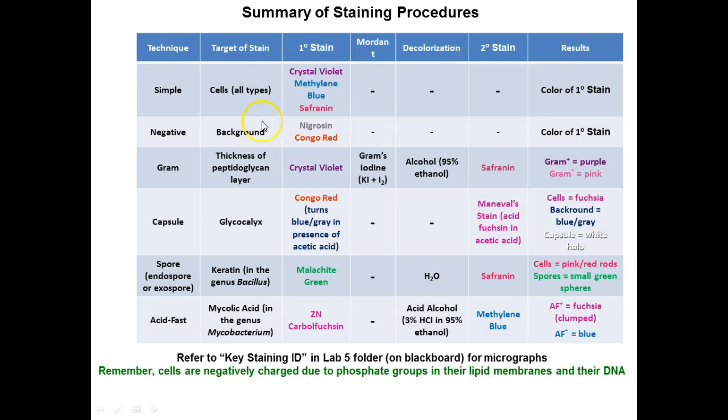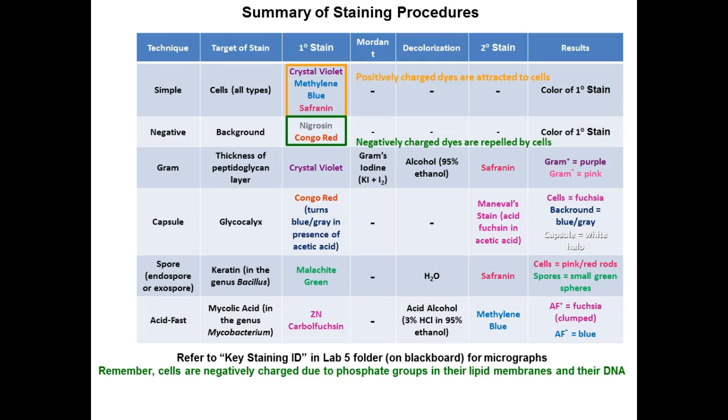So remember, these dyes, these basic dyes, are what charge? Positive, right? And they're attracted to our cells. So they stain the cells themselves. And a very simple stain, just using one stain, typically a basic stain. Where negatively charged dyes or acidic dyes repel, so they stain the background.